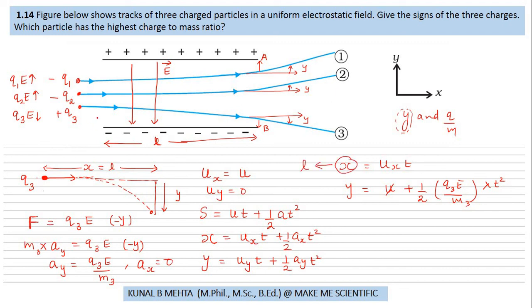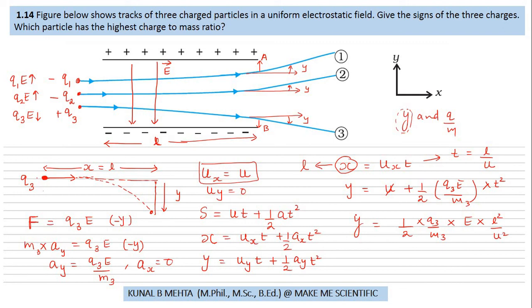Because when the charge enters and when charge leaves, its x component of the displacement is L. So from here we can find out the value of time, and that time will be equal to L by ux or u, because I have considered the initial velocity as u. You may choose to write it as ux or u1, the same thing, correct? So I am writing it as u. Now this value of time I am going to use over here. So y is equal to half into q3 upon m3 into electric field into L square upon u square.